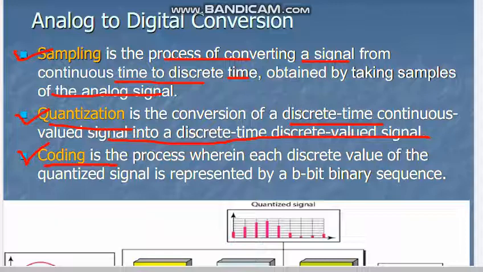And coding is the process wherein each discrete value of the quantized signal is represented by a b-bit binary sequence. That means the number of bits; there can be n number of bits, like 2, 3, 4, or 8. You code the whole continuous signal into a digital signal.